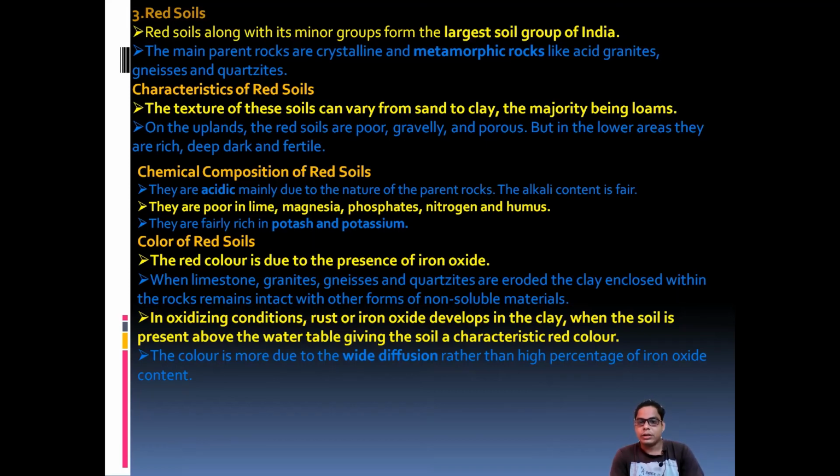Rust and iron oxide develop in the clay when the soil is above the water table, giving the soil its characteristic red color. The redness is due more to wide diffusion rather than a high percentage of iron oxide. So that's why, due to the iron oxide, this soil becomes red.